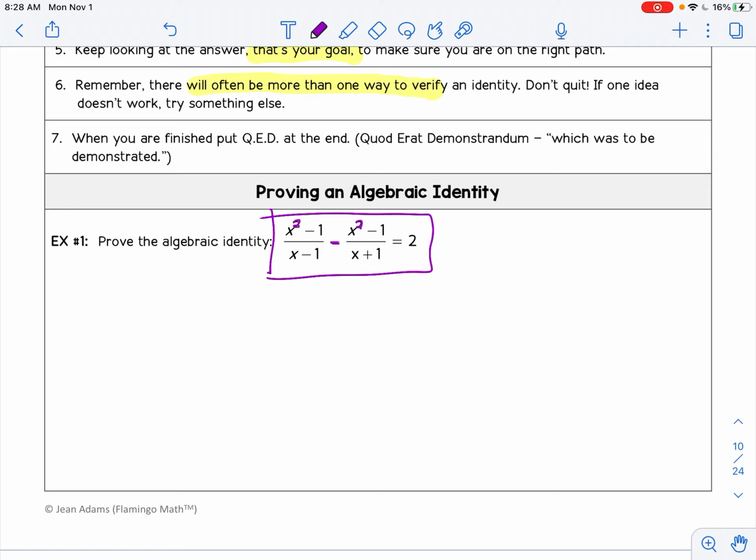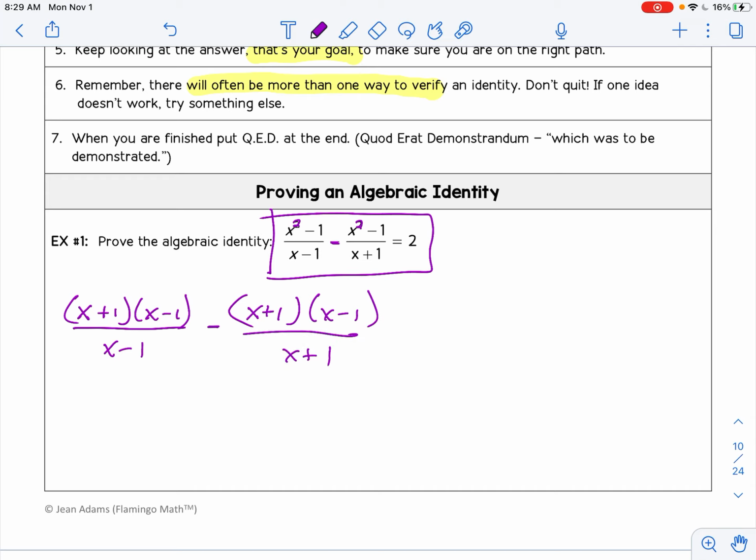That's something called the difference of two squares. Do you remember that that would be factored into x plus 1, x minus 1, all over x minus 1 for the first one? Then that would be subtracted, difference of two squares again, x plus 1, x minus 1 over x plus 1, equals 2. Notice I can't do anything with the 2.